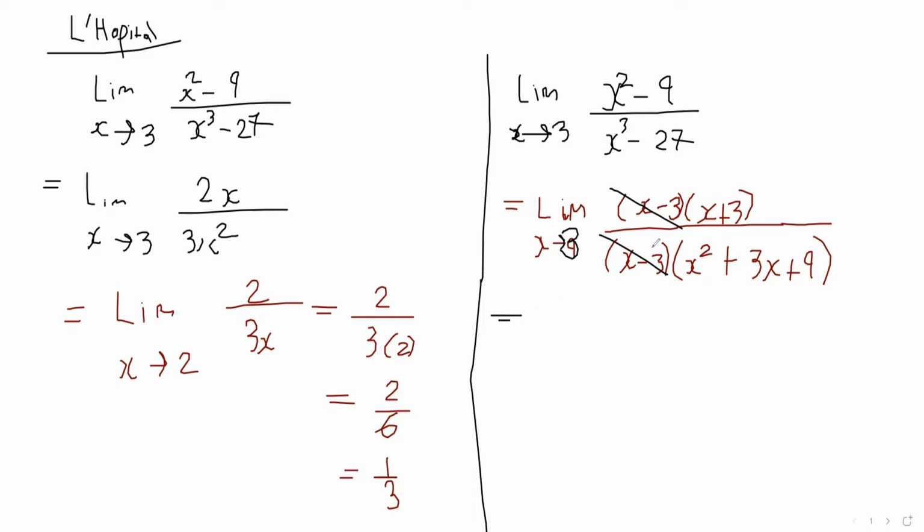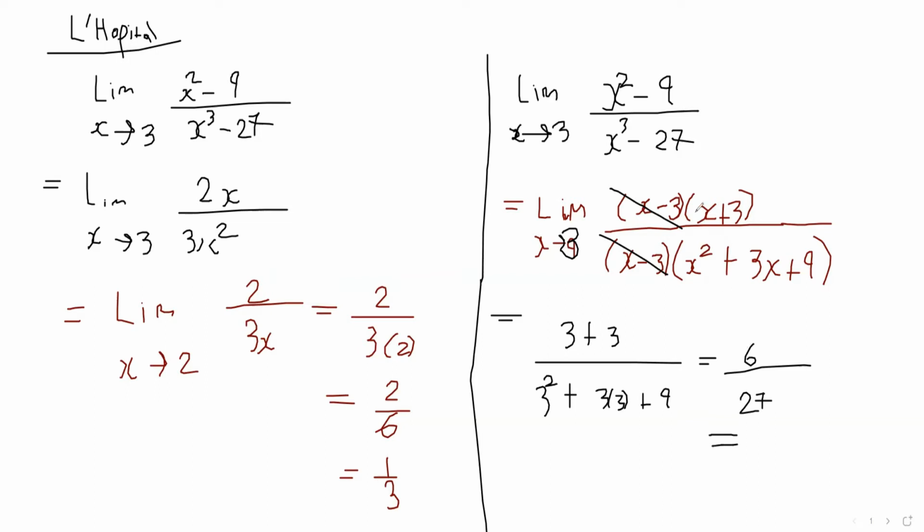Then you plug in your 3, you get 3 plus 3 divided by 3 squared plus 3 times 3 plus 9. So 3 plus 3 is 6, over 9 plus 9 plus 9, which is 27.